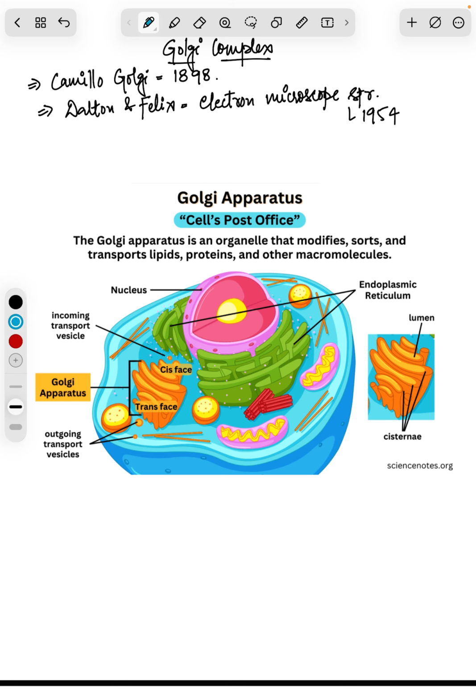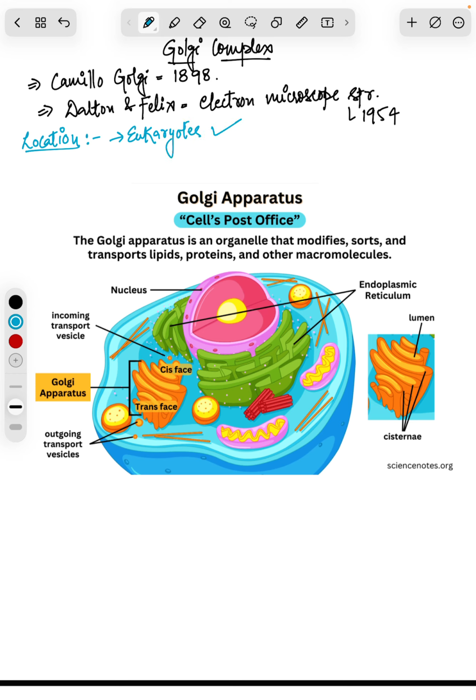Location-wise, the Golgi complex is present in all eukaryotic cells and absent in prokaryotes, meaning all the cells having a true nucleus have a Golgi complex except the prokaryotes.